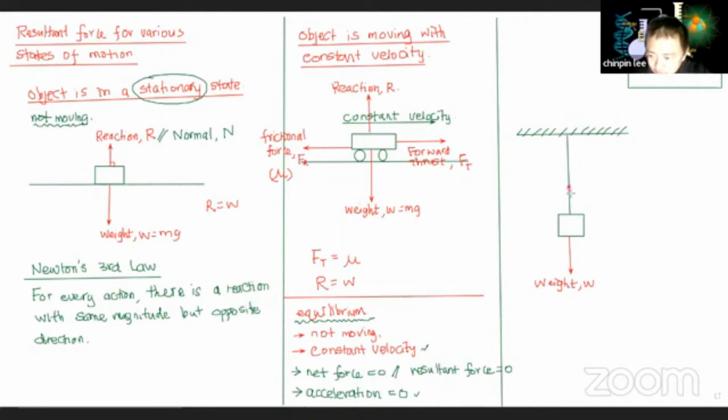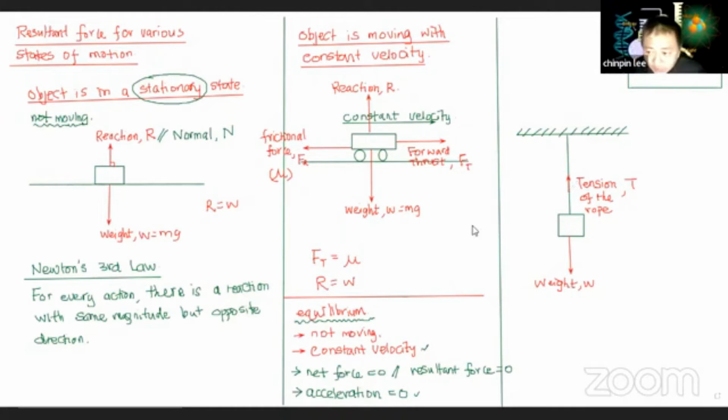Do you know it? There is one force pulling upward. This force is called the tension of the rod. Normally, I call it tension. Remember, the tension is going upwards.